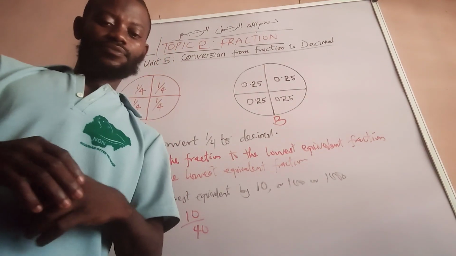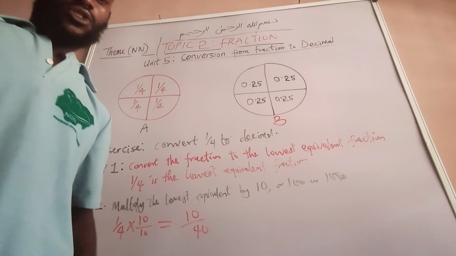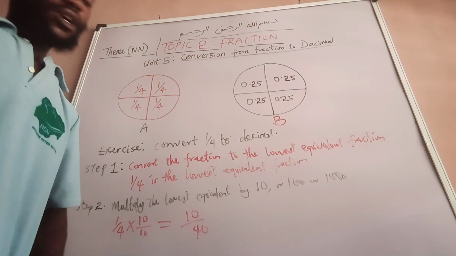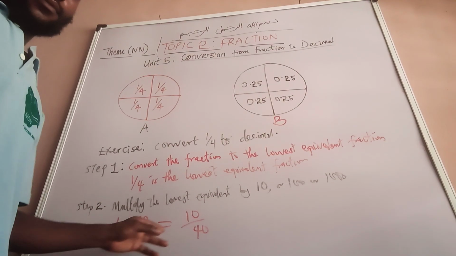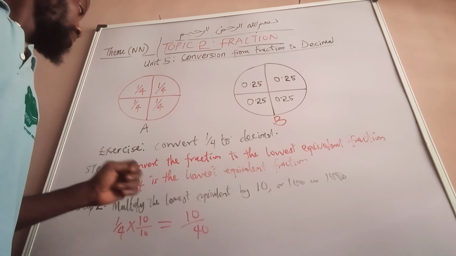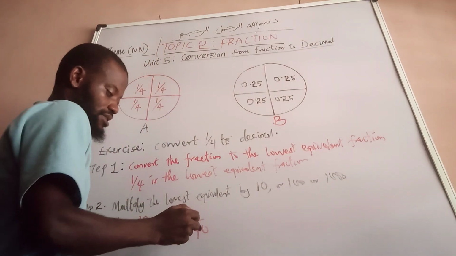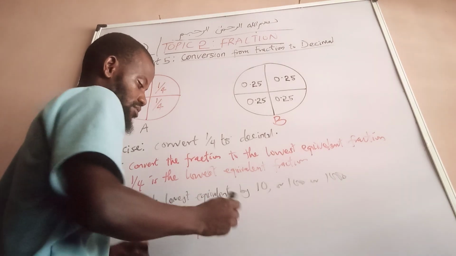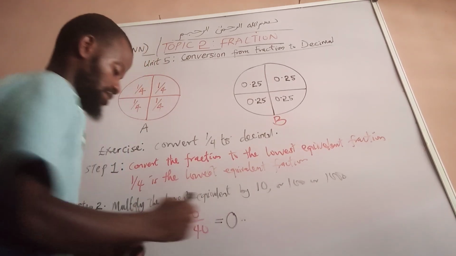Alright. Now, if you look at this, you will start with this base. Can we get 40 in 10? Impossible. So because it is impossible, you add 0. Put the point here.